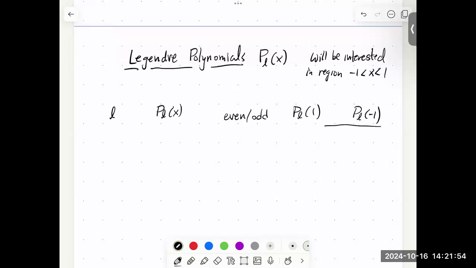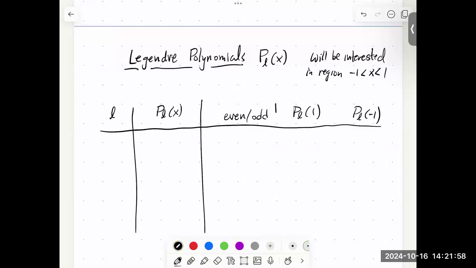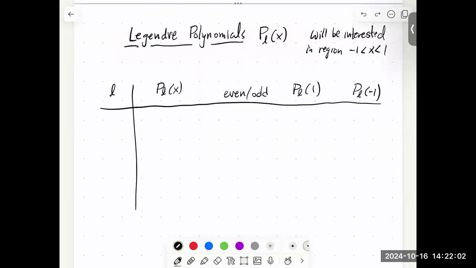All right, so I'm going to construct this table here. My polynomials are going to get bigger, so I need to give myself a bit of space. Let's move you over here.